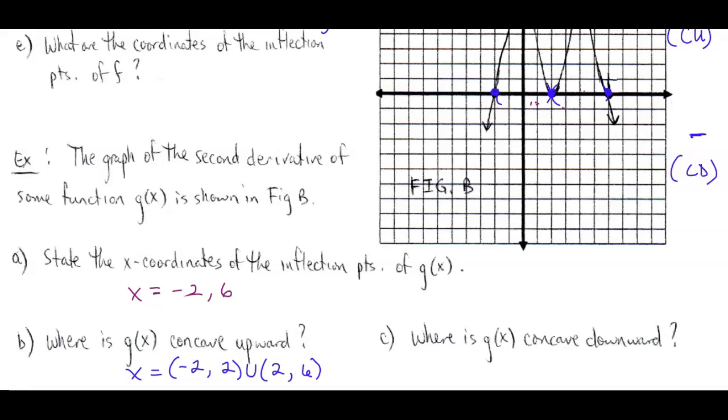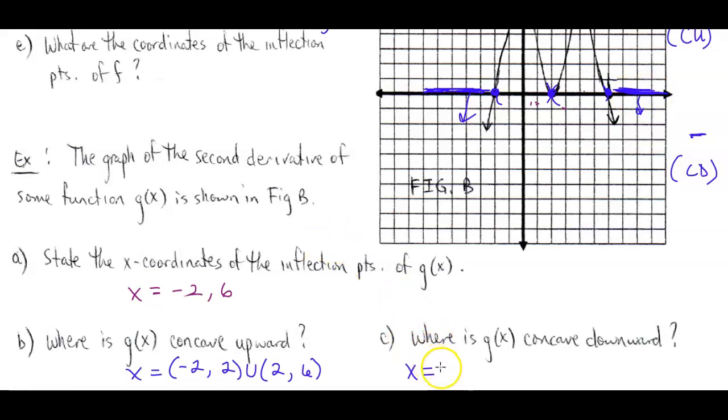Now, where is our original function g of x concave down? It's wherever the second derivative is below the x-axis, okay? And notice that here for all these values that are smaller than -2, the graph is below the x-axis. For all these values that are greater than 6, the graph is below the x-axis.